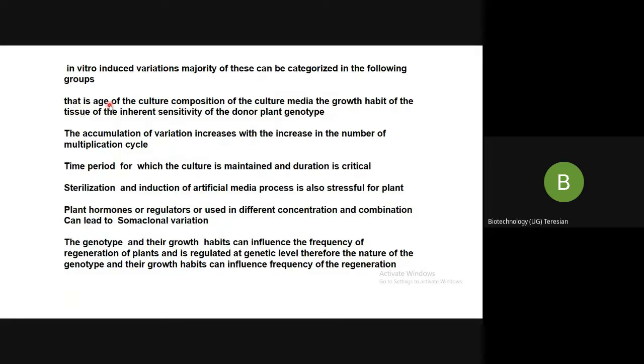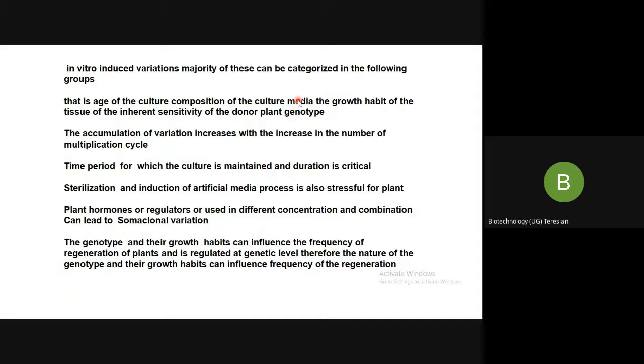That is the age of the plant, the culture composition, what you're using, what the culture media is, the growth habit of the tissue, whether they have any inherent sensitivity of the donor plant, the plant genotype. All this can lead to a variation. Okay, the age, the culture composition, that media, what you're using, the growth habit of a plant.